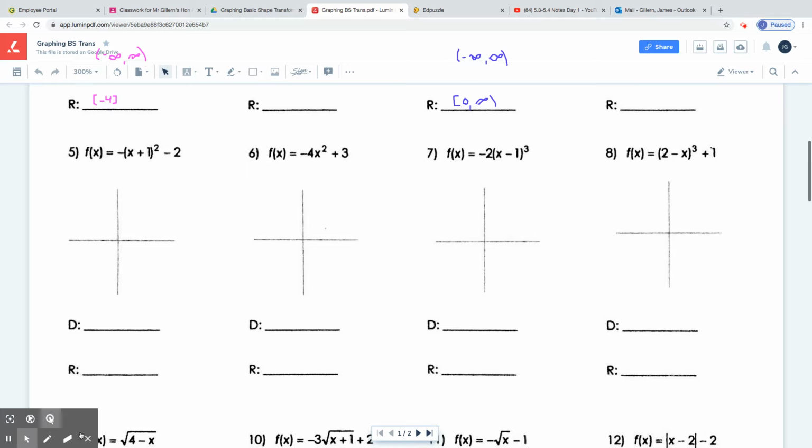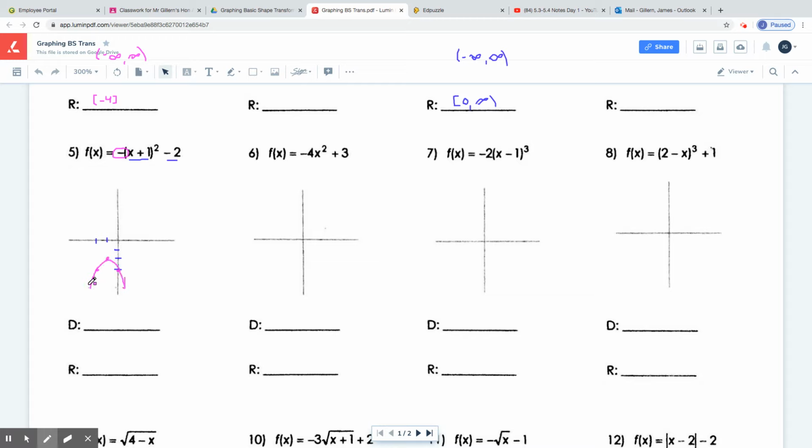So 5 is another example of a quadratic, because that's a squared. We are going to move this to the left 1, down 2. So -1, -2 is going to be our vertex. The A is -1, so I'm going to go down 1 to the right 1, down 1 to the left 1.